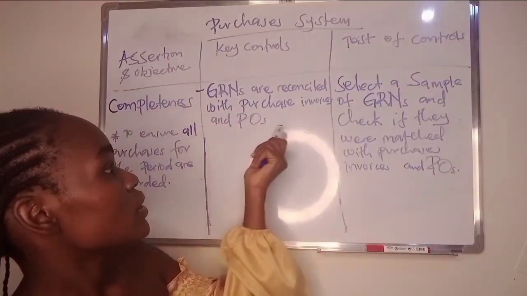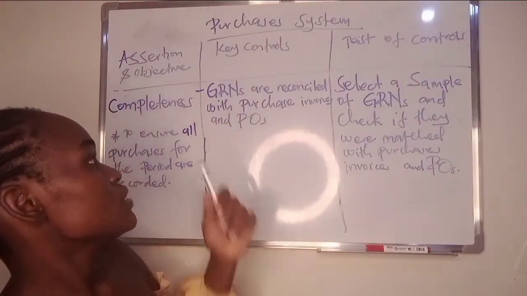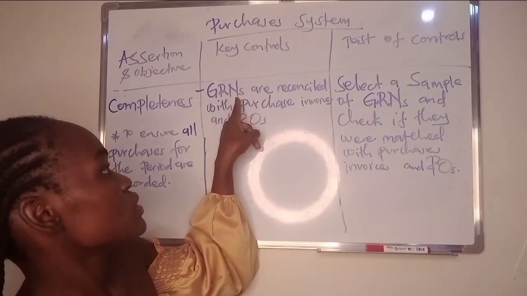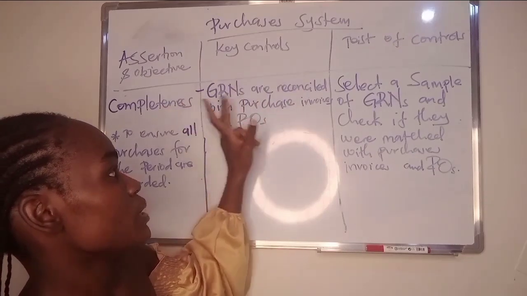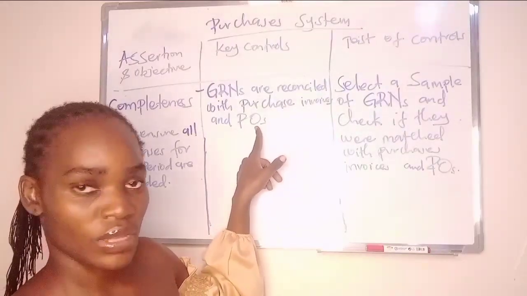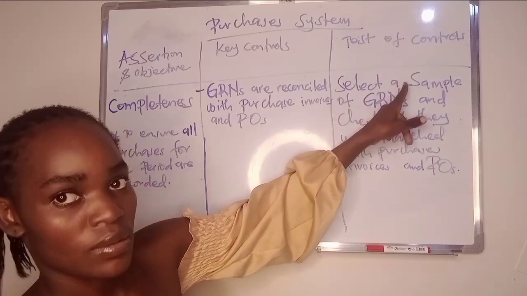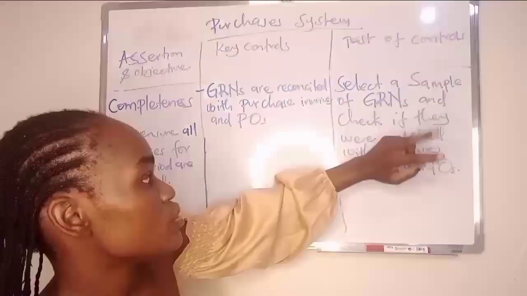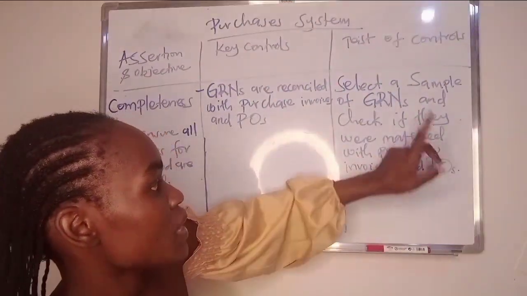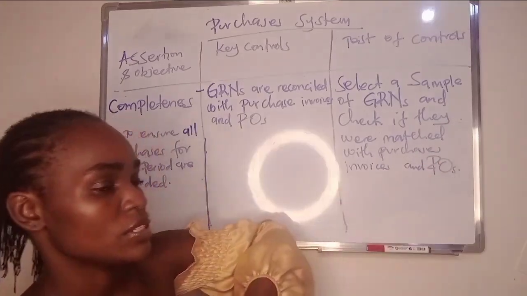Then the test of control, you base on this. So we say goods received notes are reconciled with purchase invoices and then purchase orders. So the test of control is select a sample of goods received notes and check if they are matched with purchase invoices and then purchase orders.